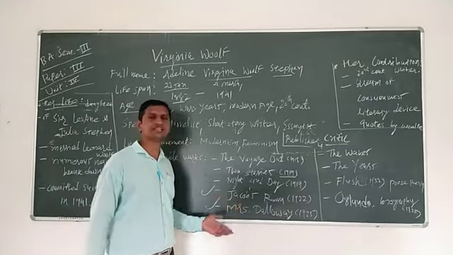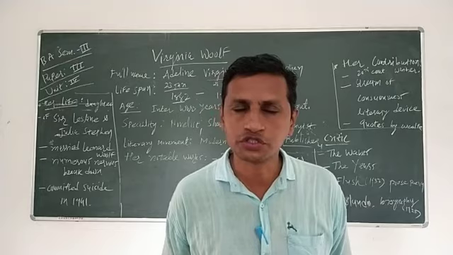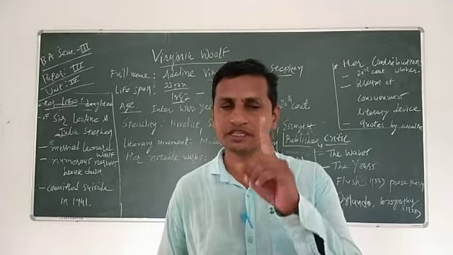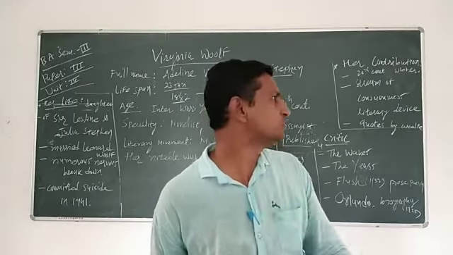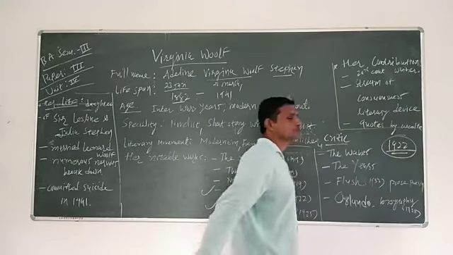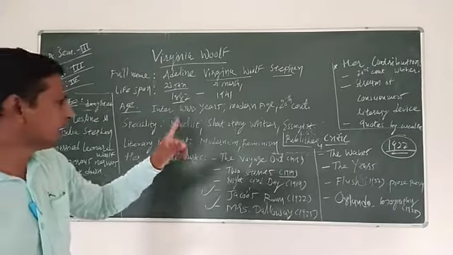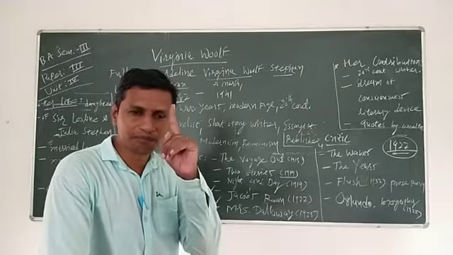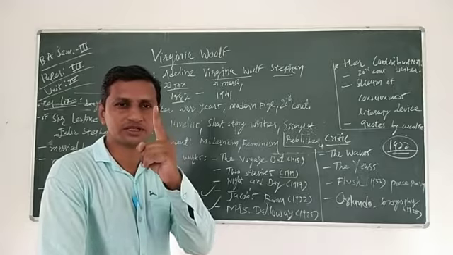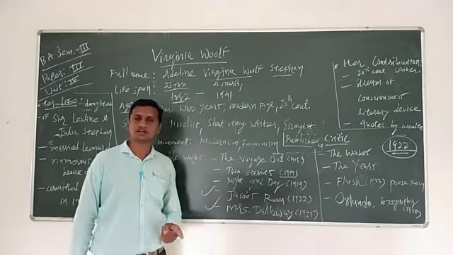Jacob's Room, 1922. I mentioned this when I taught James Joyce: remember the year 1922. It was a significant year in the development of the novel, because it saw the publication of James Joyce's Ulysses and the same year Virginia Woolf's Jacob's Room.